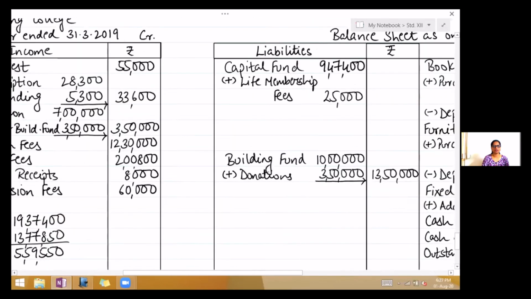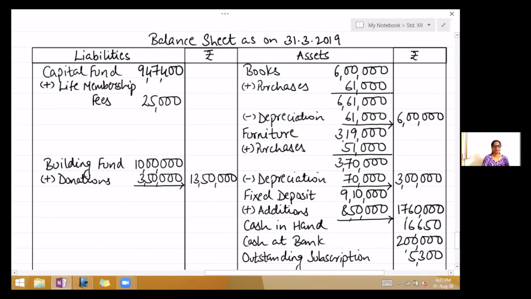So come to the balance sheet. Below capital fund, write add surplus 5,59,550. Add those three amounts, take it to the outer column. So it's 15,31,950.